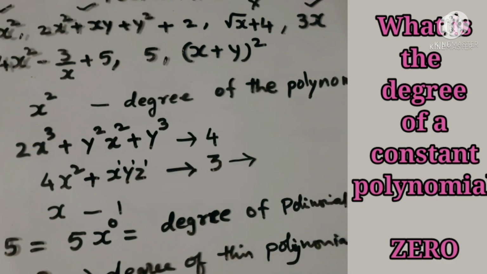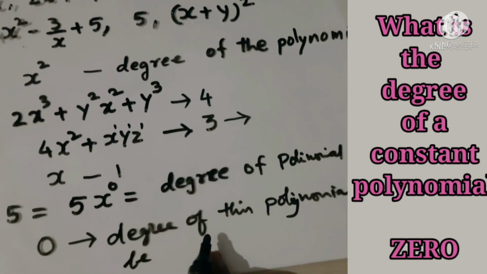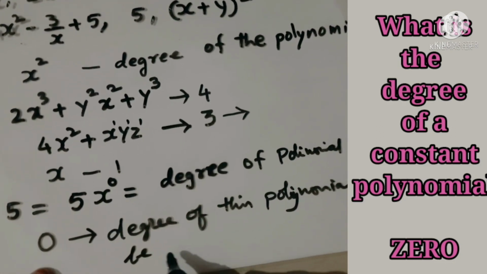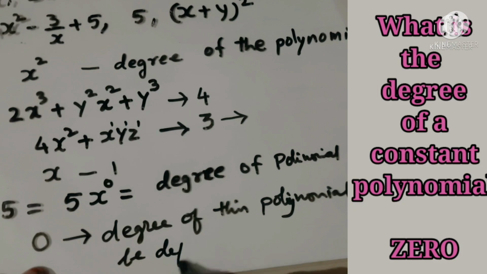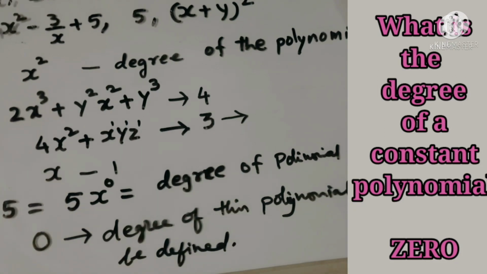We cannot define the degree of this polynomial. The degree of the zero polynomial cannot be defined.